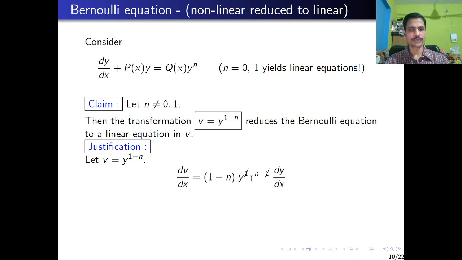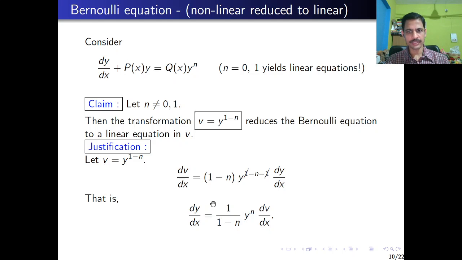So that minus 1 and minus 1 cancels, and we get dy by dx is equal to 1 by 1 minus n, y raised to n, dv by dx.